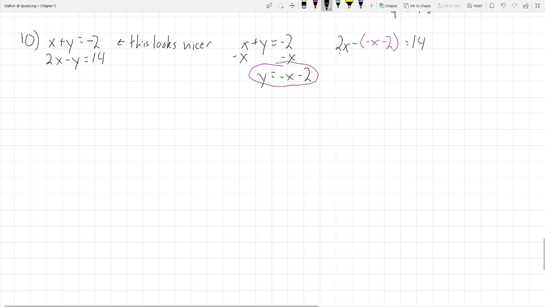So I distribute this negative and I wind up with 2x plus x plus 2 equals 14. Combine like terms and I get 3x plus 2 equals 14. Subtract 2 from both sides and I get 3x equals 12. Divide everything by 3. I get x equals 4.